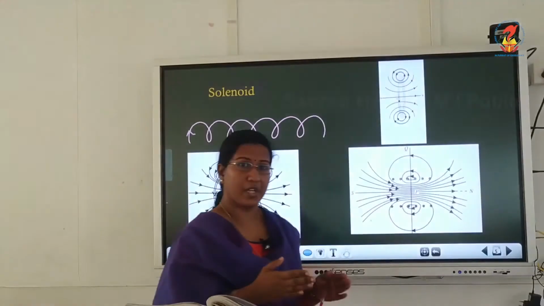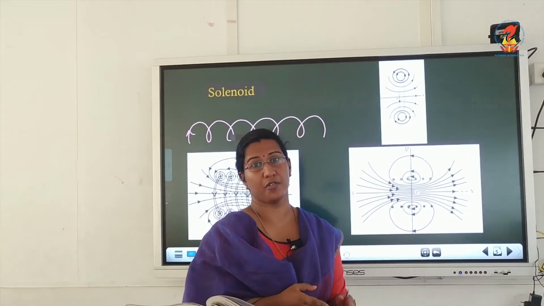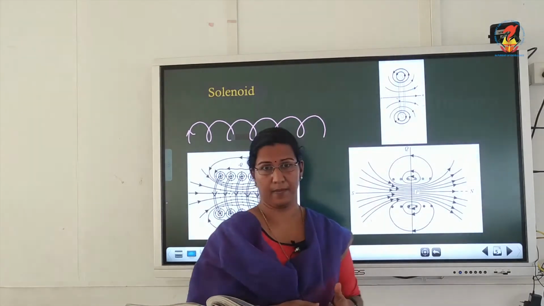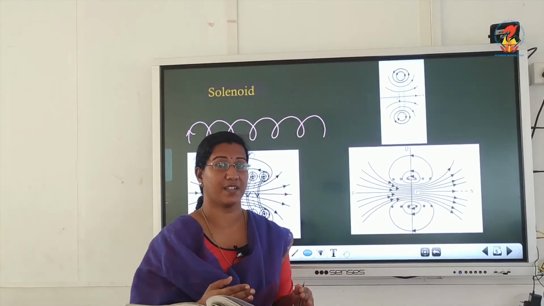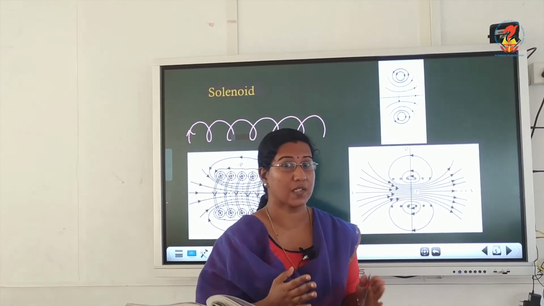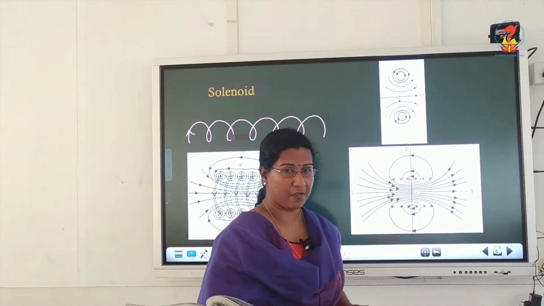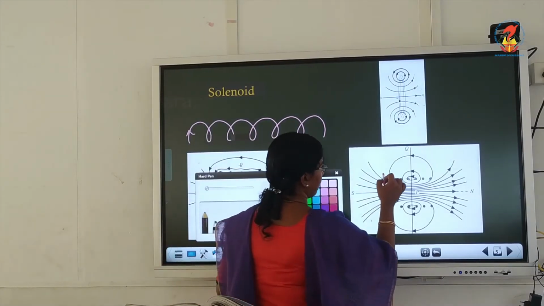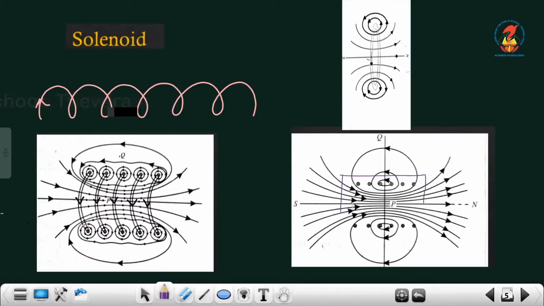Now we are going to use Ampere's Circuital law to find the field produced by a solenoid. For that, I am going to construct an imaginary closed loop which is symmetric to my magnetic field, and in our case, it will be a rectangle.